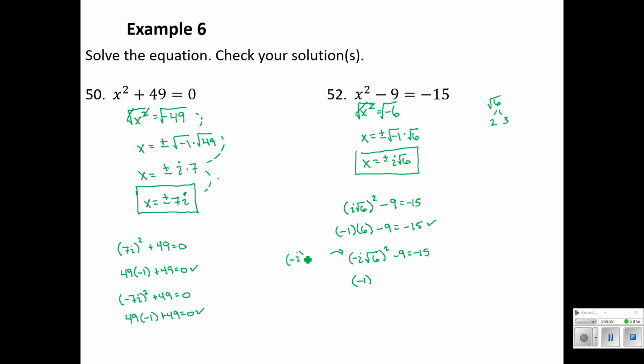So (negative i) squared, that's really like saying (negative 1) squared times i squared. If I square the negative 1, I get positive 1. If I square the i, I get i squared. So hopefully that sheds some light on why we ended up with negative 1 there. Then you can see, again, we're setting up the same equation, one that is true.